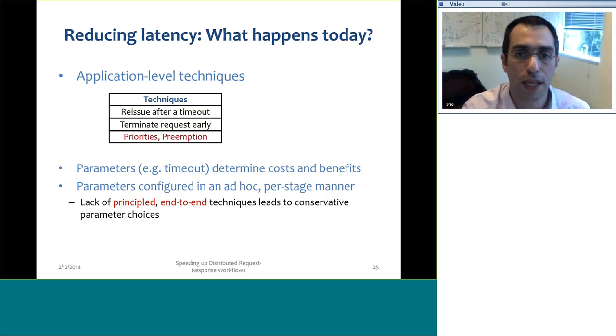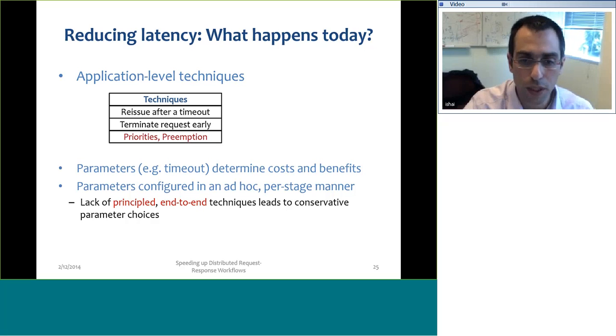This is of course bad because by doing so, you don't take into account the end-to-end picture. For example, if there is a certain stage that is not on the critical path in terms of latency, then we don't need to worry about this stage, and we don't need to apply any techniques to it.